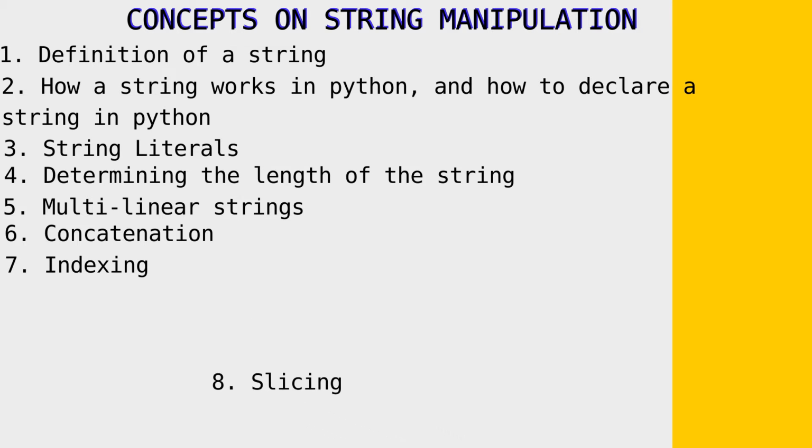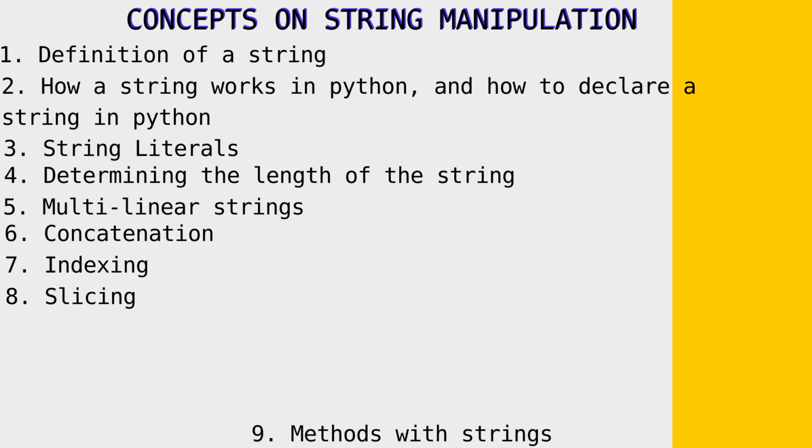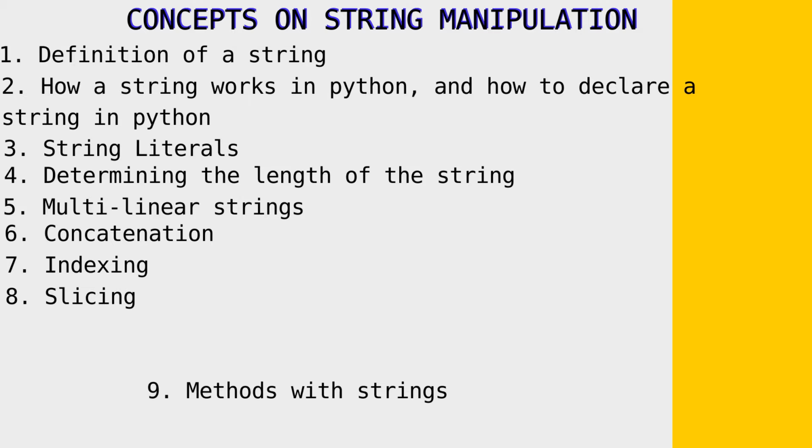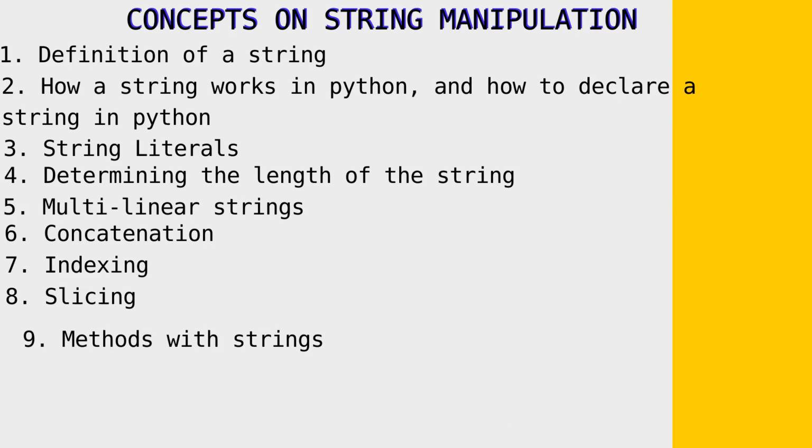Number 8 will be slicing strings, and number 9, the last concept that we'll cover in today's video, will be the methods with strings. We'll learn a bunch of methods. There are very many methods. I'll teach you some very important ones, and I'll show you how to access all the remaining methods in Python, so stay tuned.